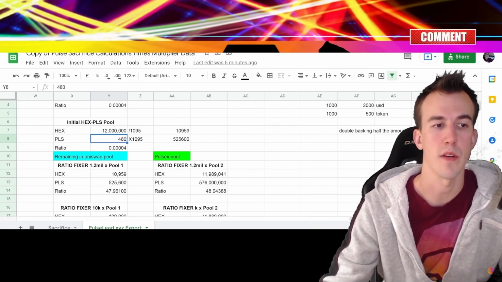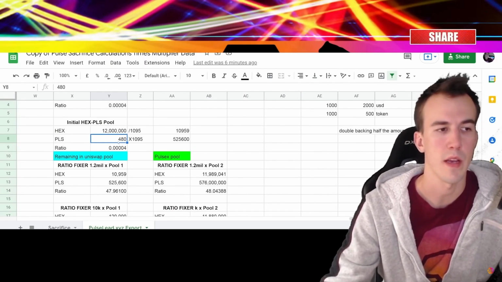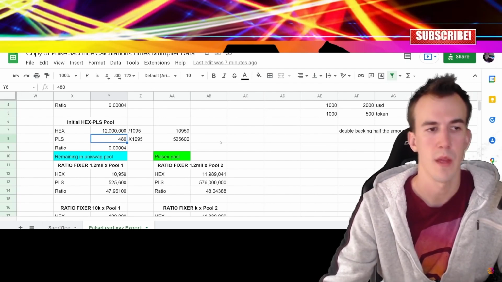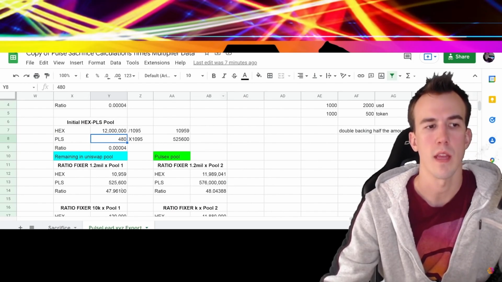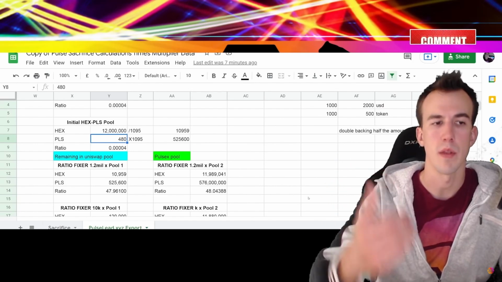And so in order to make it more fair ratio-wise, because Pulse basically becomes the ETH of our system, we need to increase the amount of Pulse in these pools by 1.2 million X.